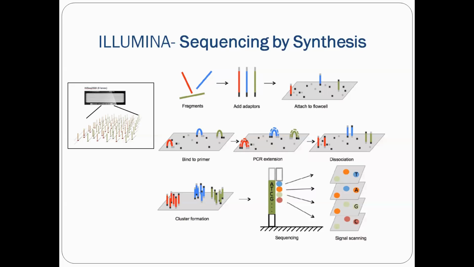So this is also called massively parallel sequencing. And then we have in the sequencing machine the entire setup which is able to detect the signals and generate the sequencing data. So this is the principle used by Illumina, that is sequencing by synthesis.